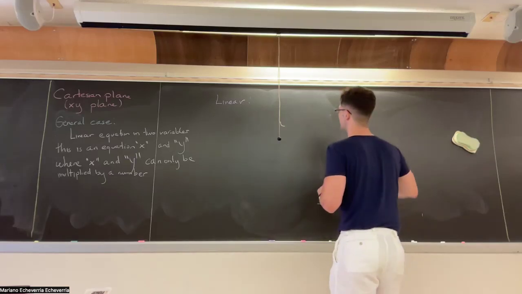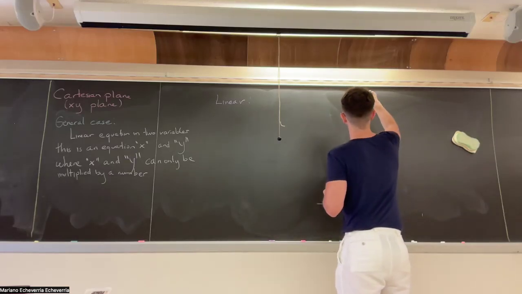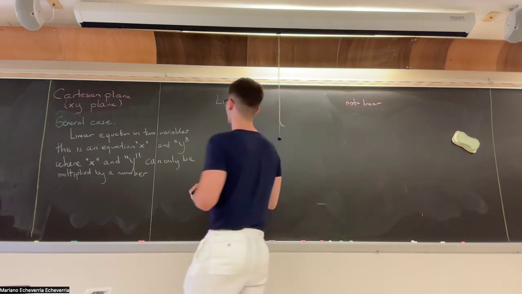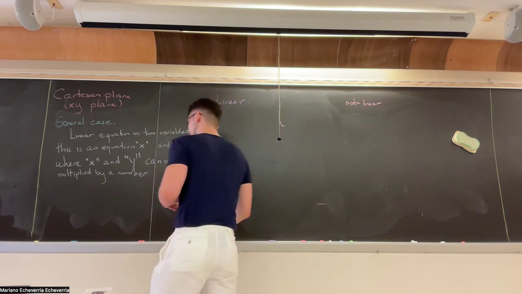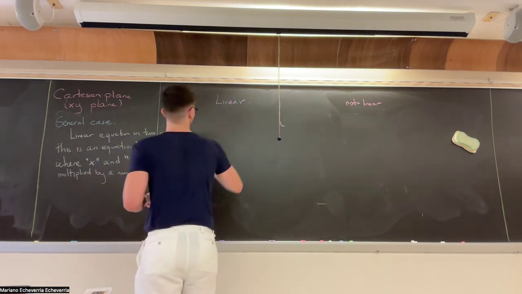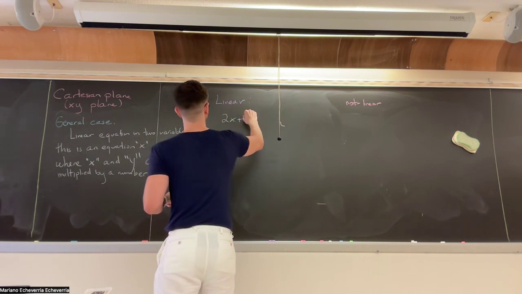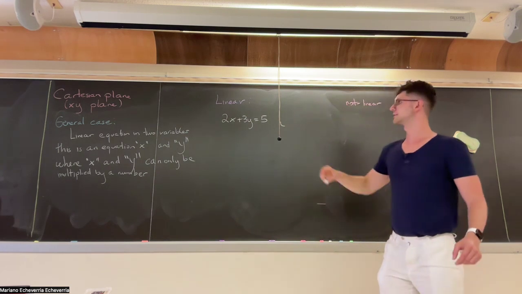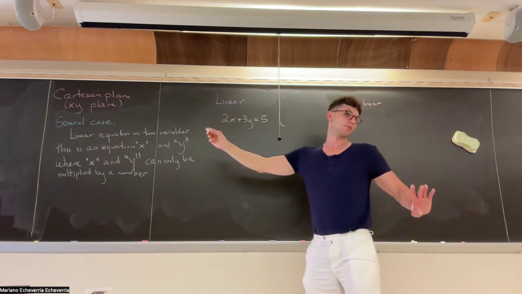And this is the list of non-linear, or not linear. So something linear could be, for example, 2x plus 3y equals 5. Okay, that is okay because x and y are just multiplied by numbers.